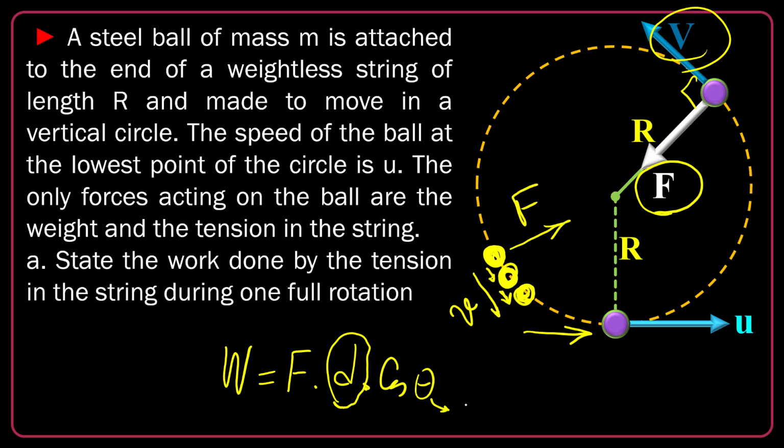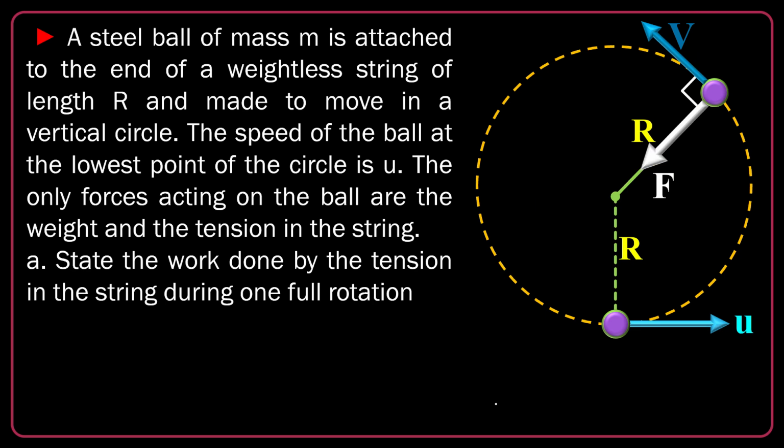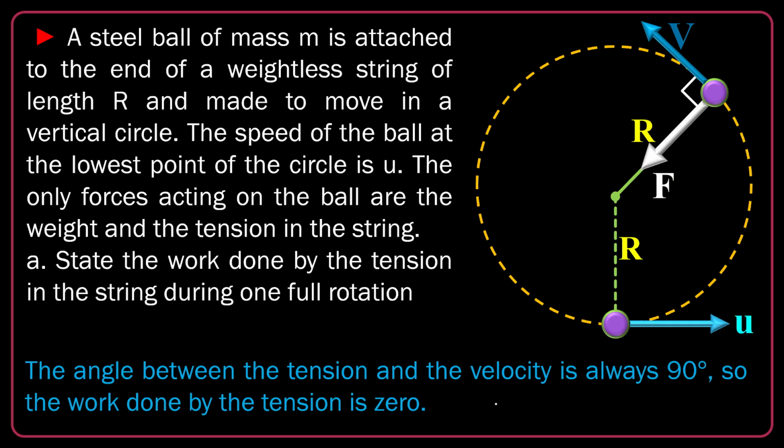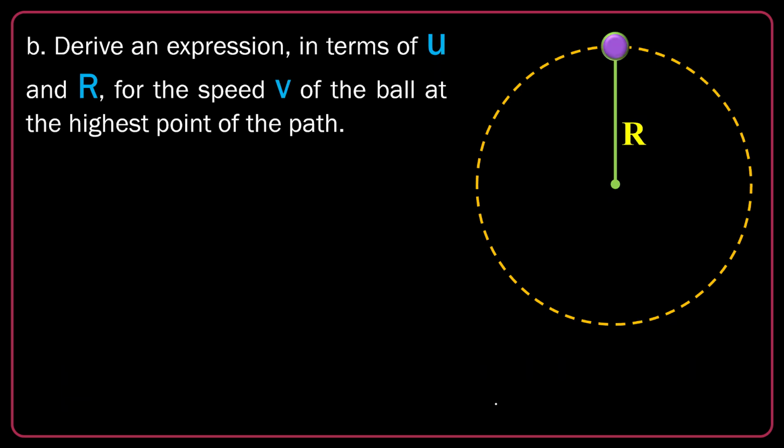So this is cosine of 90 degrees, and it's going to be 0. Tension, as a force perpendicular to the displacement and to the velocity at every point, cannot do any work. It's always a work-less force. Keep in mind that if a force is perpendicular to the velocity, it cannot do any work. We already mentioned it in previous videos.